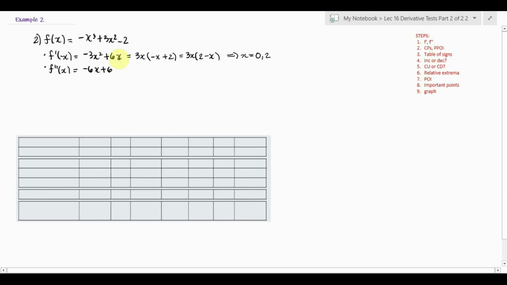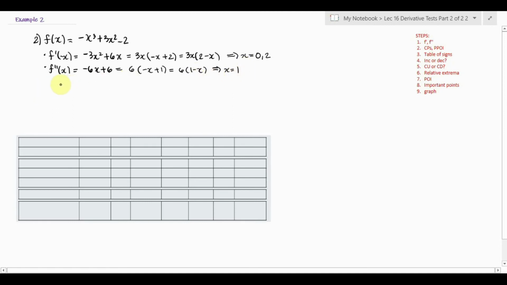For the second derivative, I can factor out 6. So this will be negative x plus 1. Let me rewrite this as 6 times 1 minus x. Therefore, our x here will be equal to 1. So, ito lang yung zero ng ating f double prime.